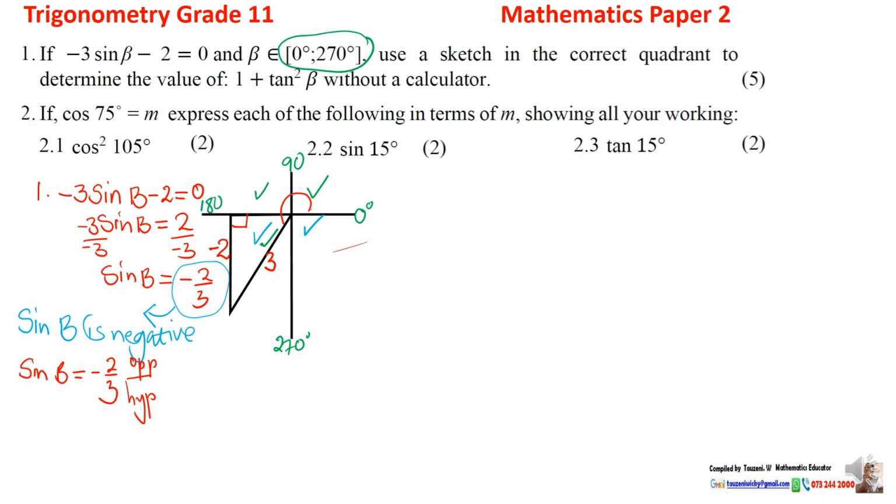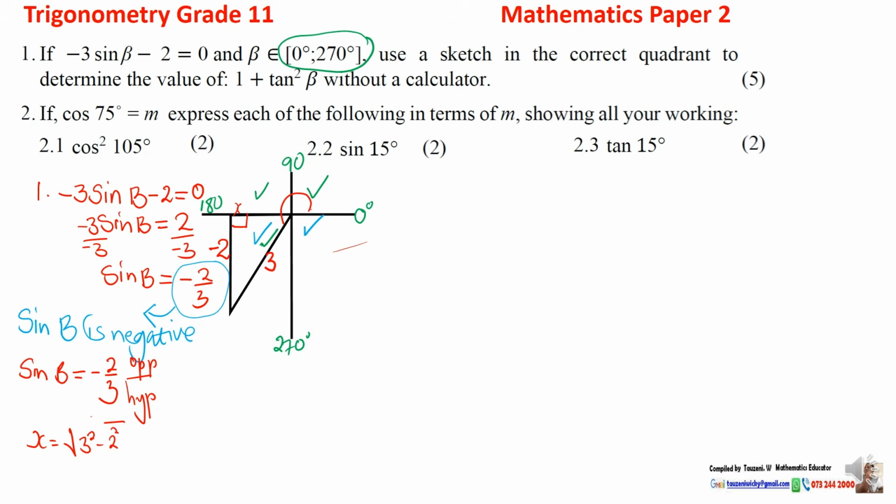Then immediately we calculate the third side using the theorem of Pythagoras. So let's say that the third side, which is not given here, is x. Then x will equal the square root of 3 squared minus 2 squared.